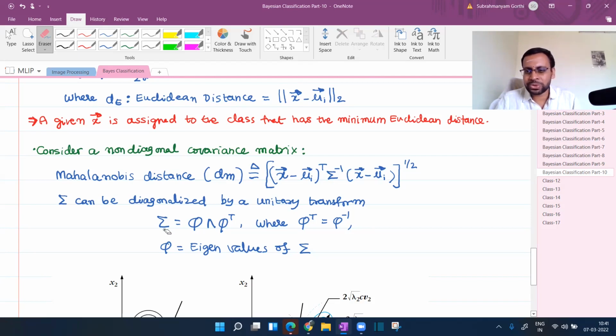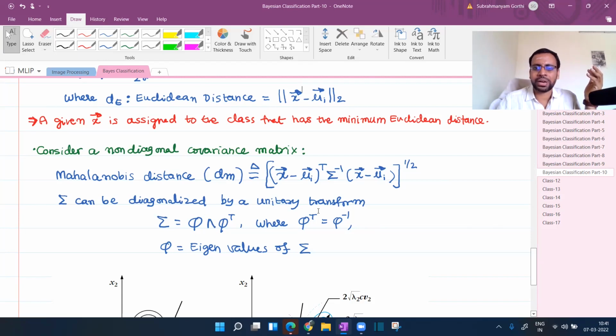You go through the standard matrix linear algebra, where you could write it as, this being a unitary transform, something like phi, you call it gamma or delta, I don't know, into phi transpose. Phi transpose is equivalent to phi inverse. The middle one is a diagonal matrix.